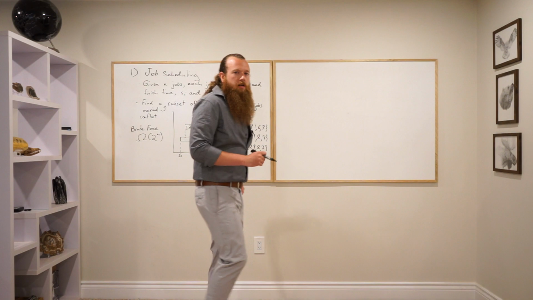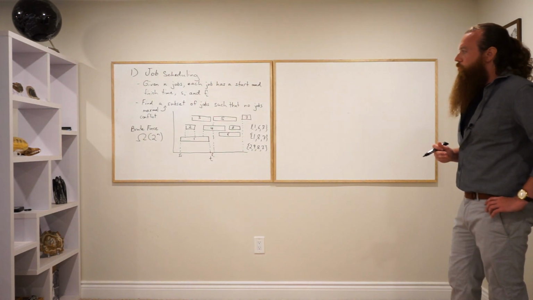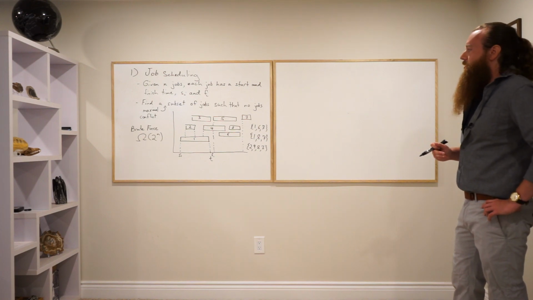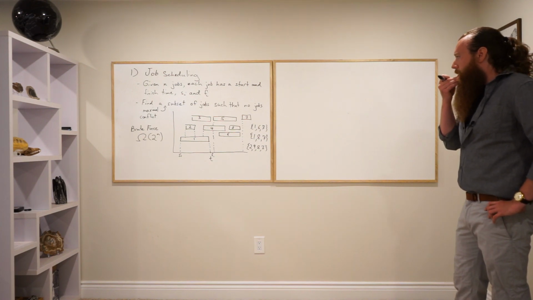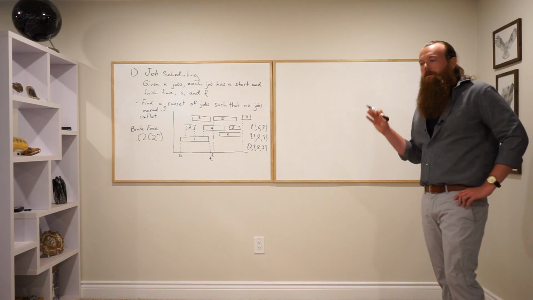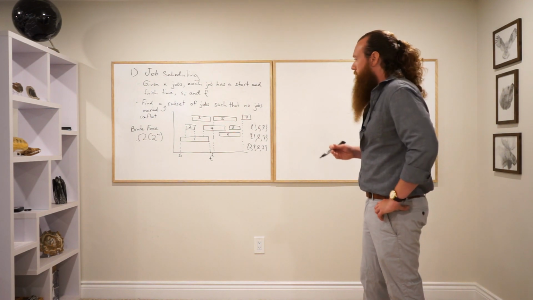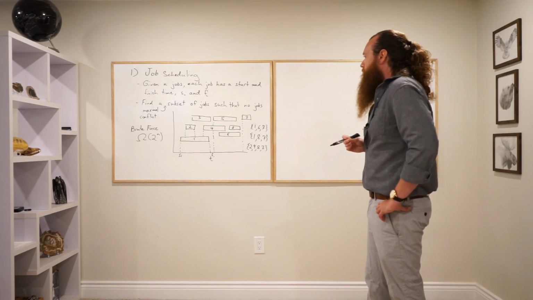Big omega 2 to the n. So that's a lower bound. So we're going to have to do at least 2 to the power n operations in the worst case. So for those of you that don't know, that's terrible. That's a bad complexity. That's a very, very slow runtime. So brute force is not going to be feasible for this problem.